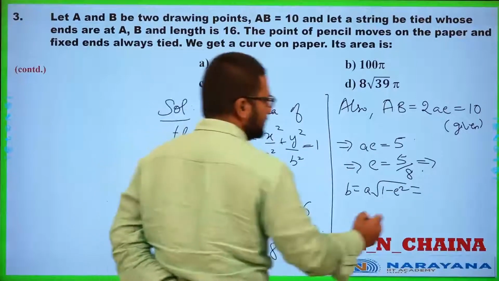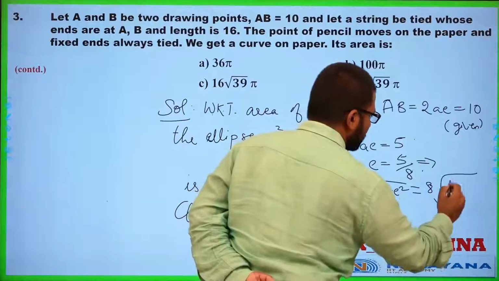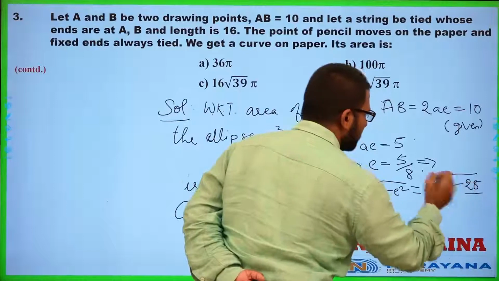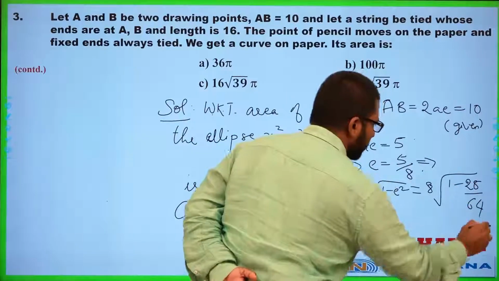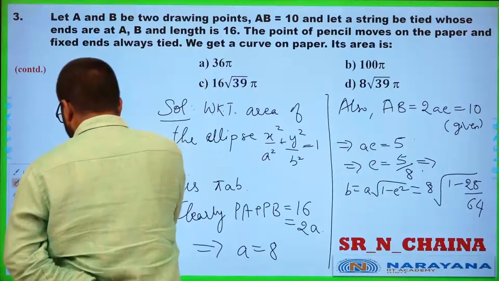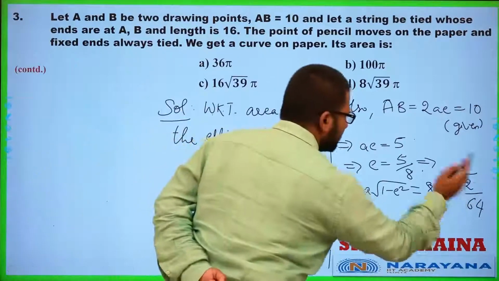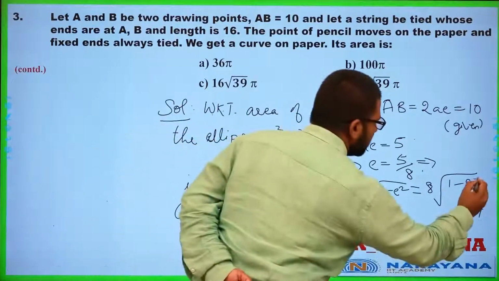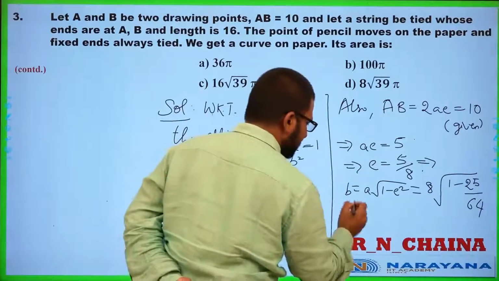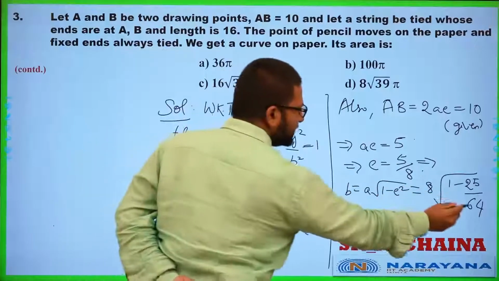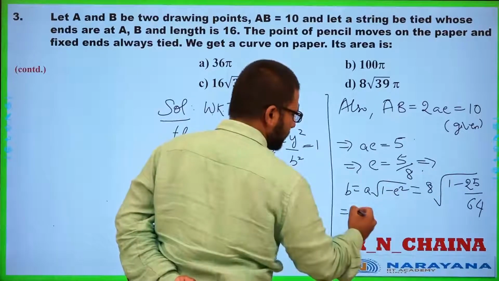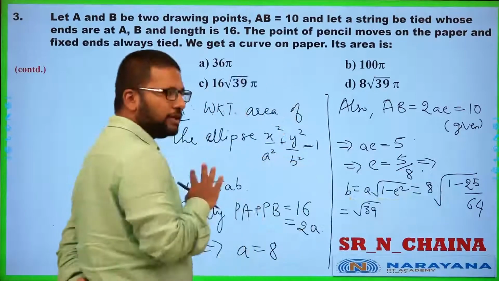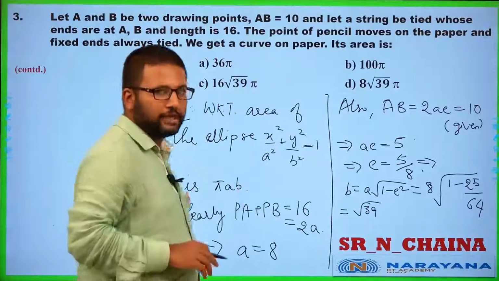How much is that? That is 8 root 1 minus 25 by 64, correct? Which if you simplify, you see 64 minus 25 would be root 39 divided by 8 and multiplied by 8. So 8 will get cancelled. So now I know b is root 39.